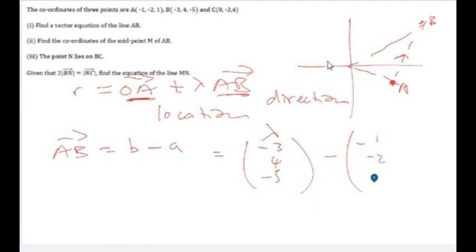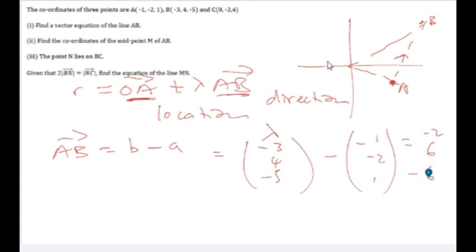That gives -3 minus -1, that's -2; 4 minus -2, that gives us 6; and -5 minus 1, that gives us -6.